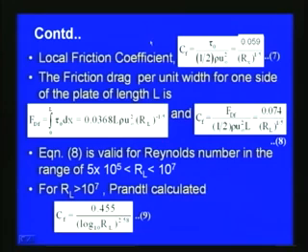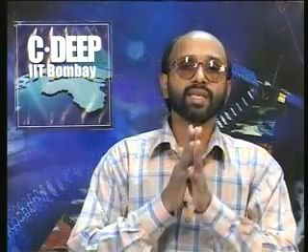Then we have seen the local friction coefficient Cf is equal to 0.059 divided by Rx to the power 1 by 5, and from the calculations for Reynolds number greater than 10 to the power 7, Prandtl calculated the coefficient of drag as 0.455 divided by log 10 RL to the power 2.58.